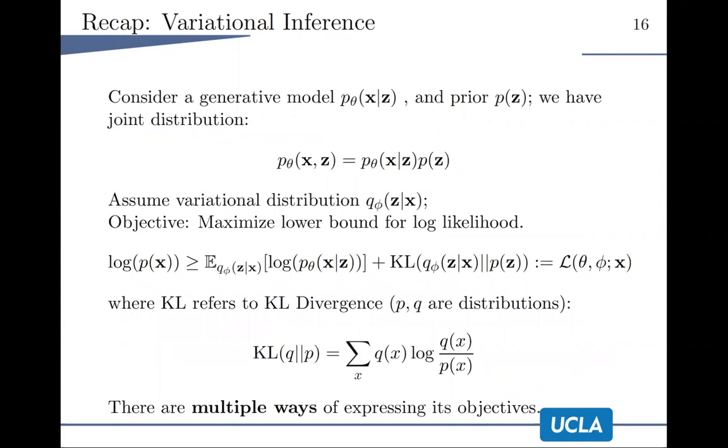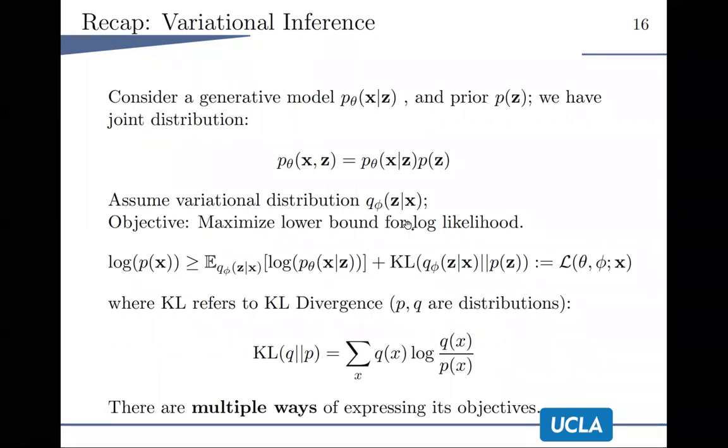Here we consider a generative model P theta that generates X from Z and the prior Z, and we have the joint distribution like this. Assuming that we have a variational distribution Q that generates Z from X, we maximize the lower bound of the log likelihood.